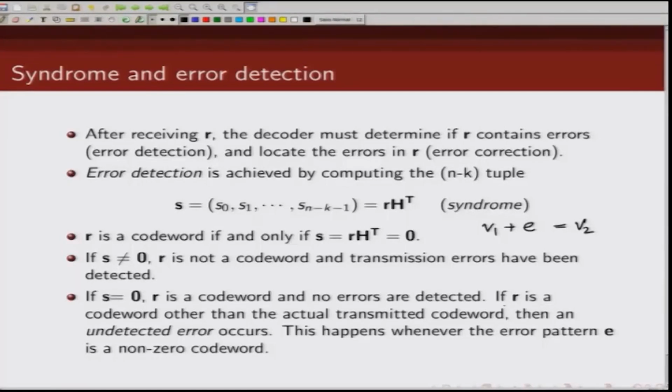However, if R is a code word other than the actual code word transmitted, then an undetected error has happened, and this happens when the error pattern is a non-zero code word, because we have said a property of linear block code is that the sum of two code words is also a code word. So, for this scenario to happen, this E has to be a valid non-zero code word.